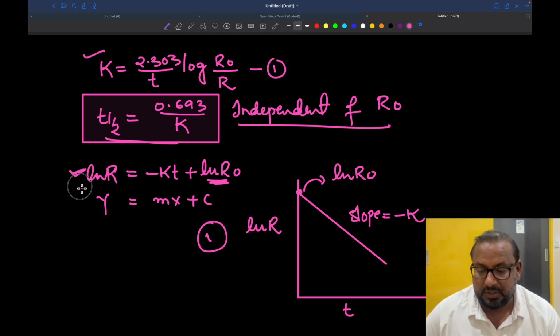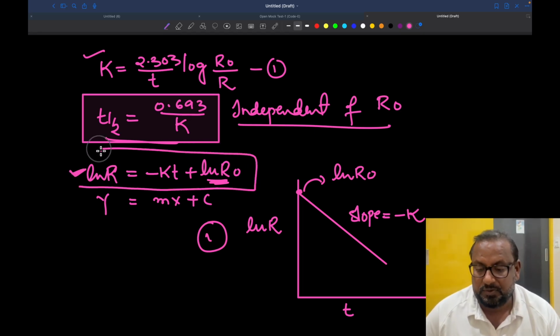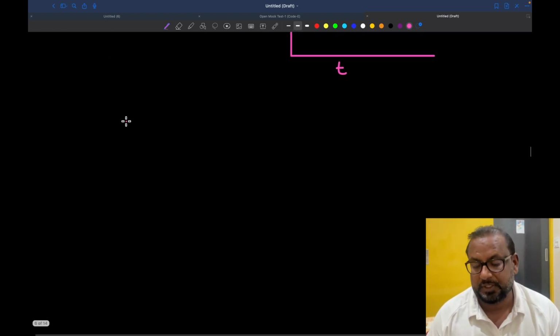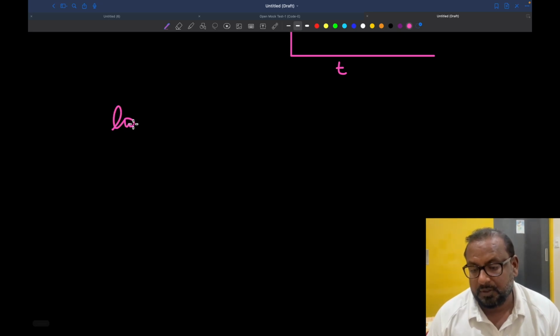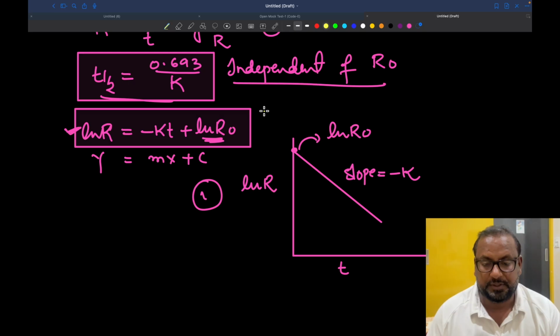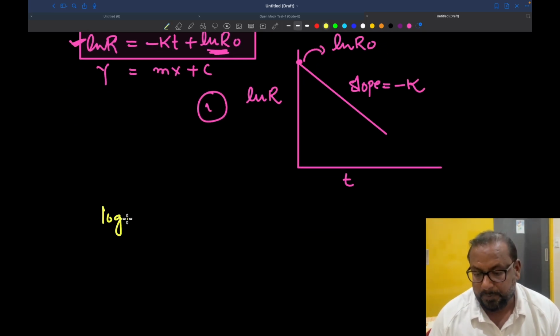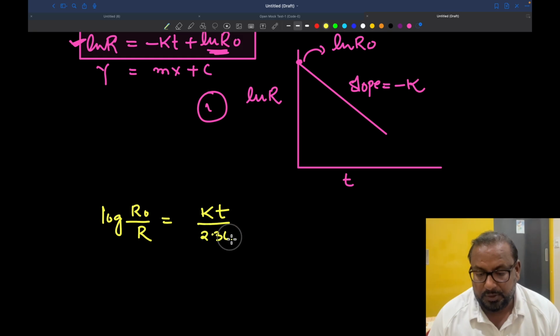While deriving, we get this equation, and on the basis of this we have got this reaction. We have one more graph, that is on the basis of the formula log R naught by R equals kt divided by 2.303 plus 0.